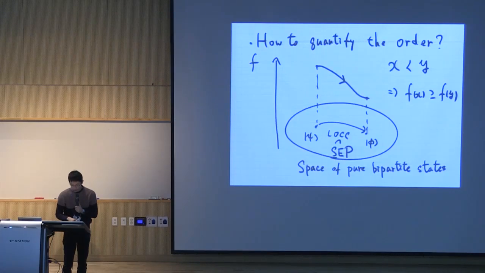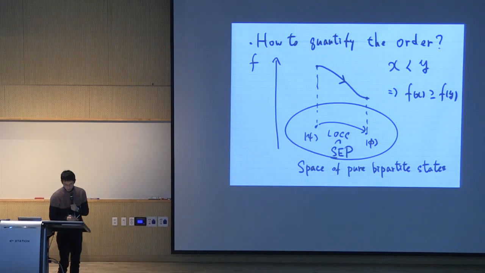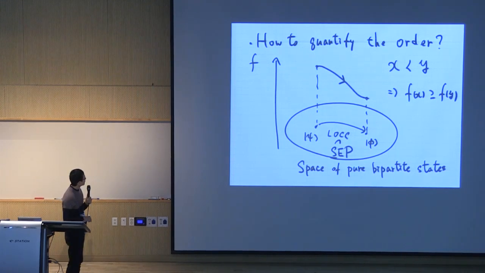So it would be nice to have one scalar function on the space of pure bipartite states such that it quantifies the order.